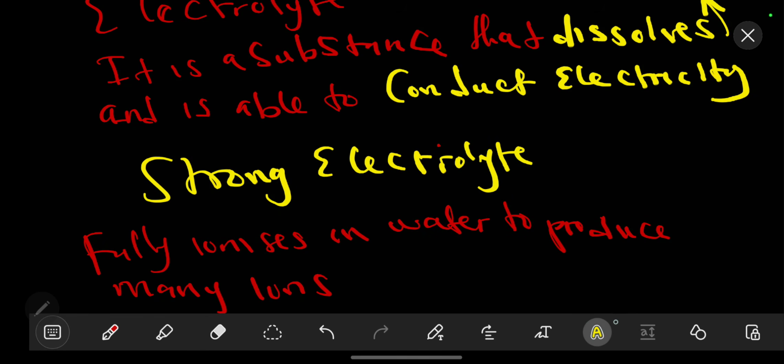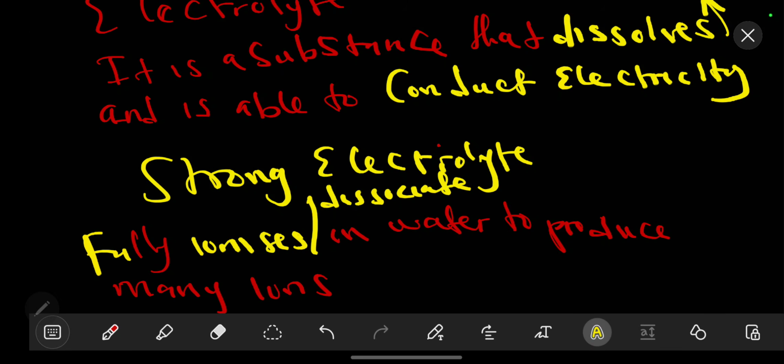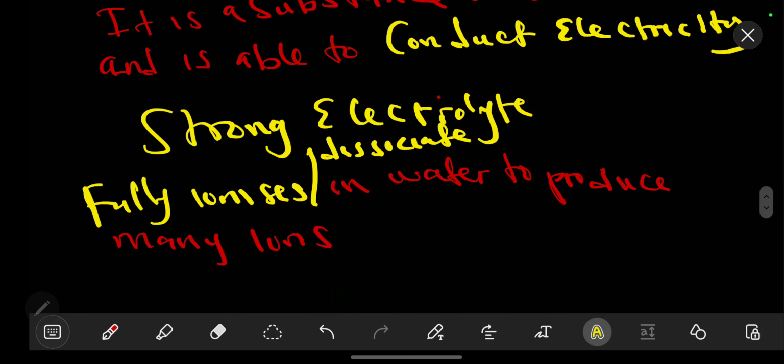As long as it ionizes in water, or you can use the word dissociate, which means they separate in water. It has to fully dissociate, or ionize, which is the same term, in water to produce many ions. Therefore, it conducts electricity effectively.